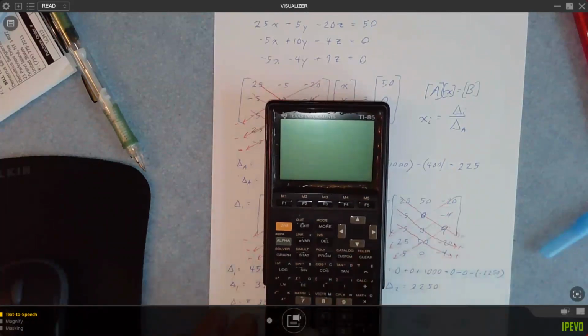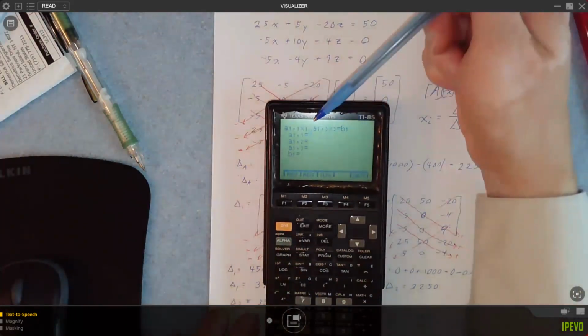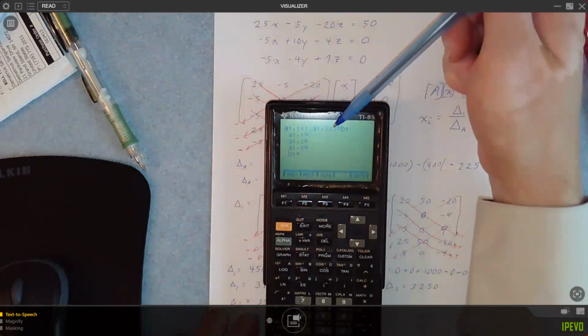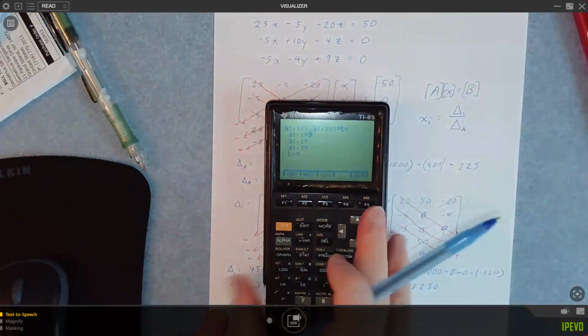All right, so on my calculator, I have second and simultaneous. I'm going to tell it I have 3 equations, and I'm going to set up the coefficients for each equation. So notice you've got x1 through x3 and b.